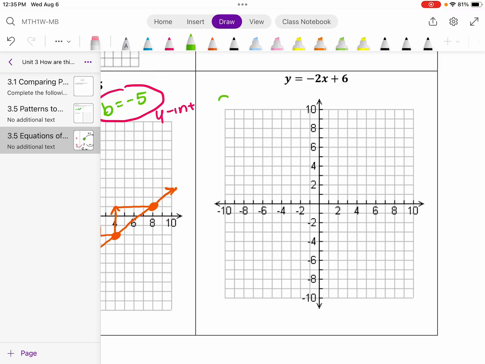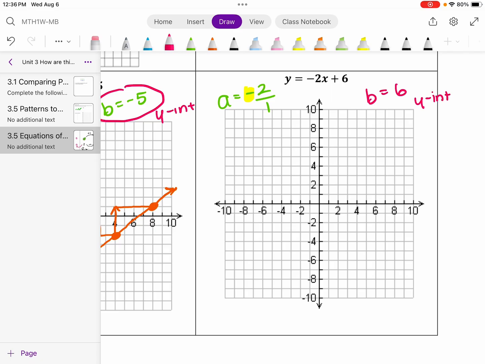All right, so my a is -2 over 1. Things that I'm thinking to myself right away is that I have this negative rate of change, and I know that a negative rate of change means decrease, so my line's going to have to be going down. And I have an initial value of 6, or a y-intercept of 6.